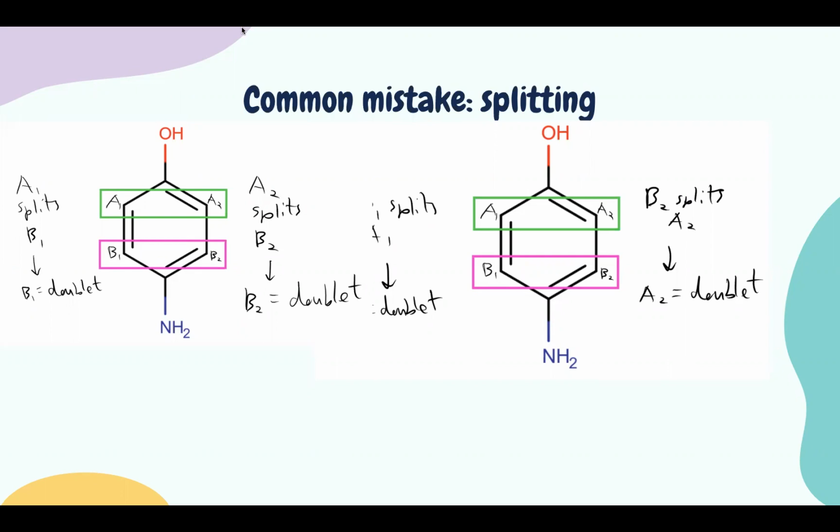And A2 is also a doublet, it's being split by B2, right? Okay, but because A1 and A2 are identical, and they're being split in the exact same way, since B1 and B2 are also identical, that A signal will be two protons, and it will be a doublet.